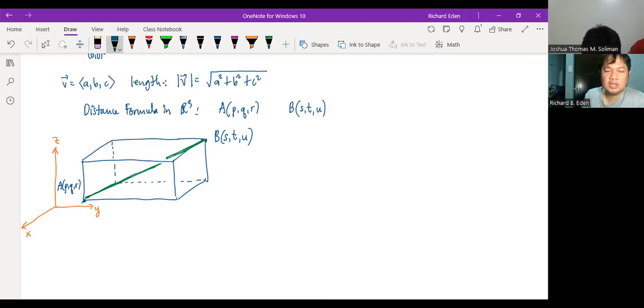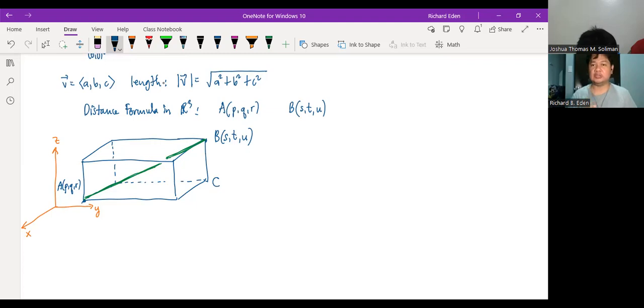Let me introduce some auxiliary points here. Let me call this point C. Now, C is directly below B. And if you remember what the three coordinates represent, the x-coordinate represents how far you travel along the x-axis, the y-coordinate along the y-axis, and the z-coordinate along the z-axis.